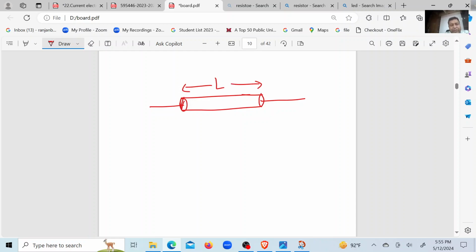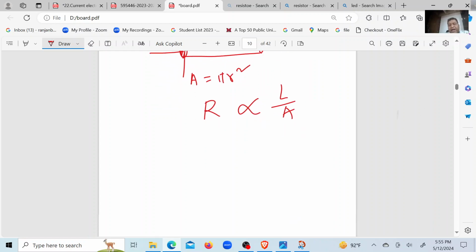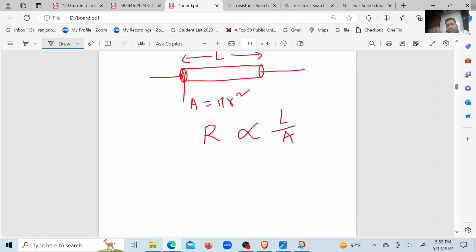Resistance actually depends on the area of cross section, pi r square, it may have a rectangular cross section also, and the length. There is a directly proportional relation. That means longer the length, higher the resistance, thinner the wire, higher the resistance.